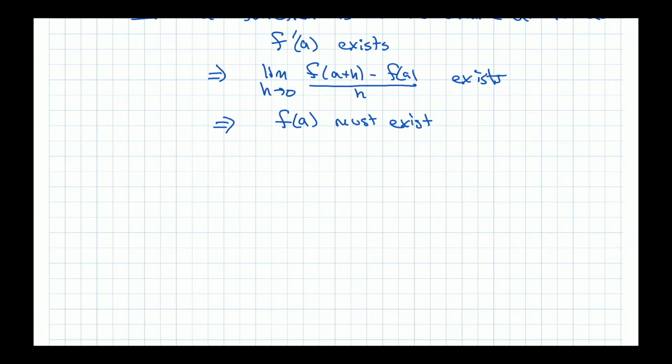And since we need the limit as h goes to 0 to exist, and h could be positive, which means you're on the right side of a, and h could be negative, which means you're on the left side of a, and somehow this limit works out to the same answer in both cases, then not only must the function value f of a exist, but the limit as x goes to a of f of x must also exist.